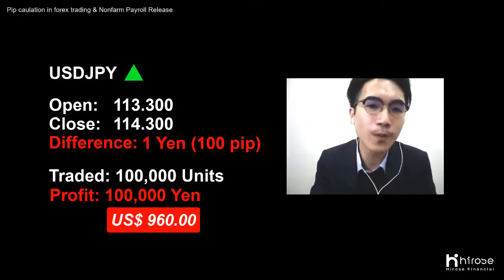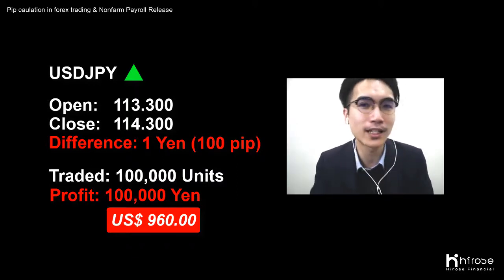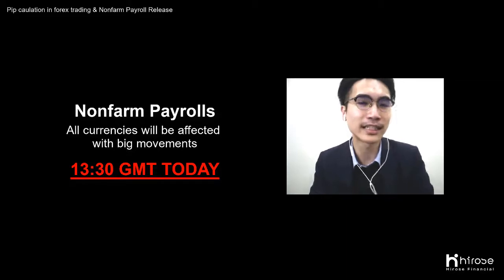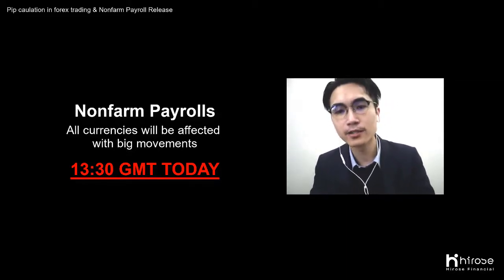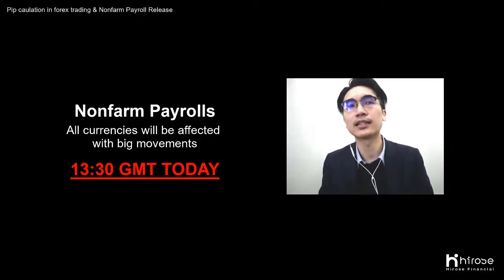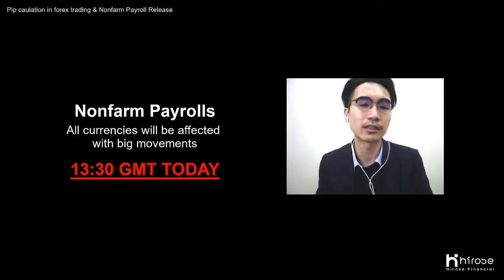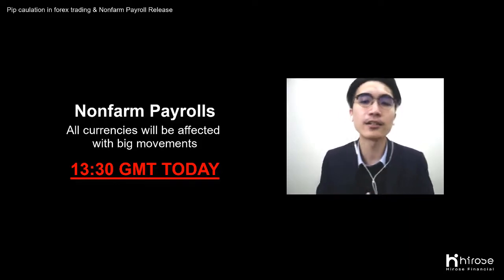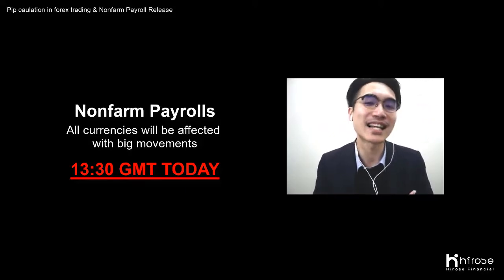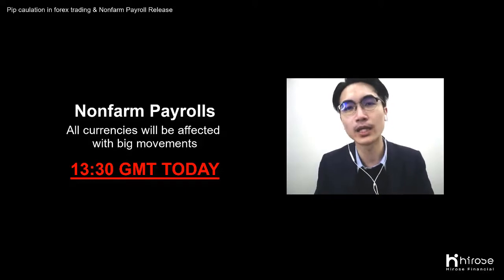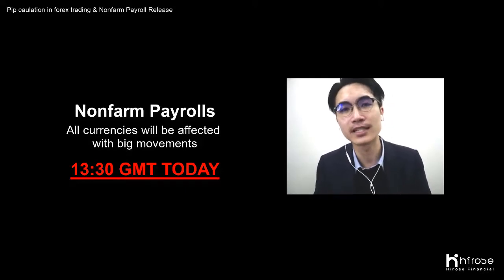Before I end the video, I talked about just now that today is a once-a-month event in America, the non-farm payroll. We are expecting all the currency pairs to be affected after the release of the non-farm payroll at 1:30 GMT, and we are expecting some big movements in the markets.